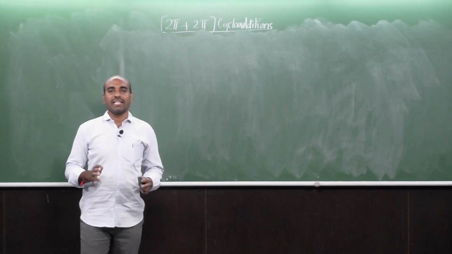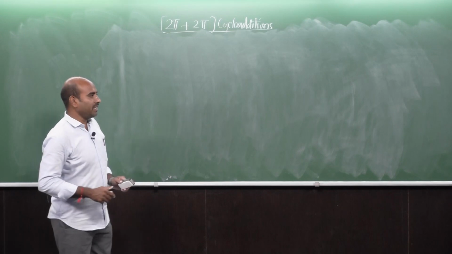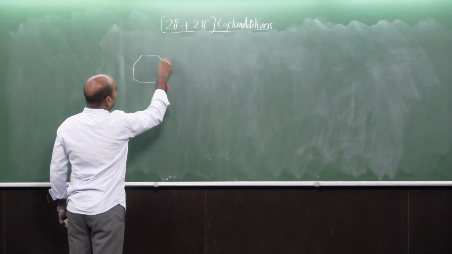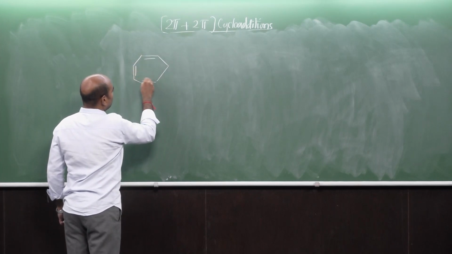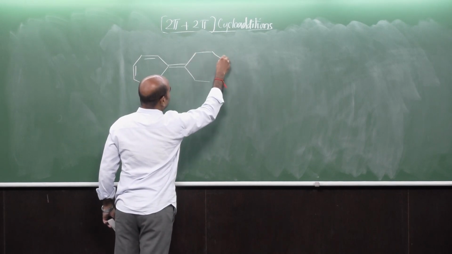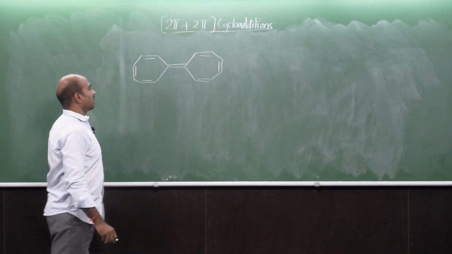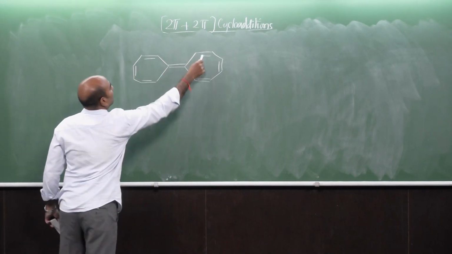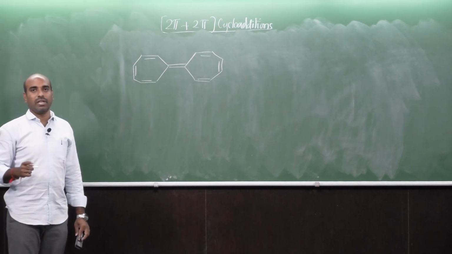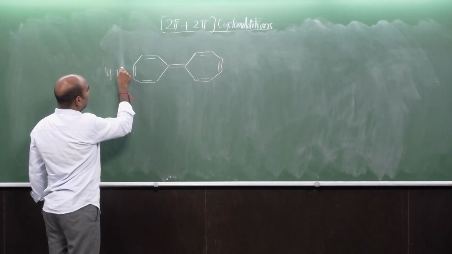So another important example of cycloaddition reaction is between fulvalene and a 2π system. So fulvalene is a 14 electron system, a 14π electron system. So 1, 2, 3, 4, 5, 6, 7, 7 pi bonds will continuously be involved in the cycloaddition reaction, and this is a 14 pi system.